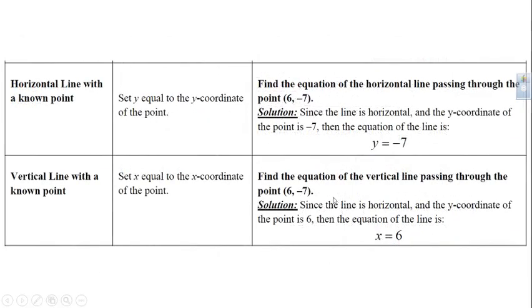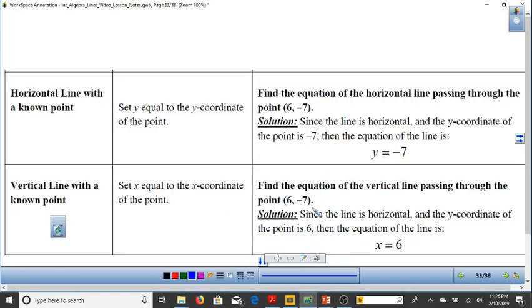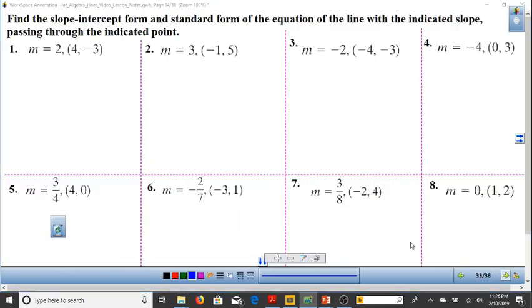And please remember that if you have a horizontal line, the equation is just y equals the y-coordinate. And if you have a vertical line, the equation is just x equals the x-coordinate. Because in a horizontal line, the y-coordinate does not change. In a vertical line, the x-coordinate does not change.